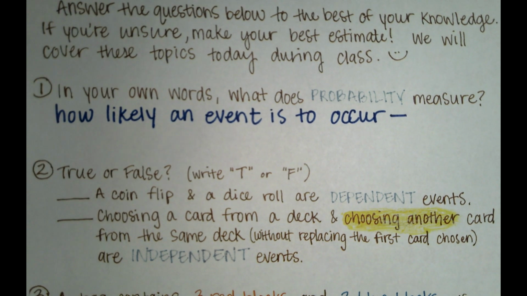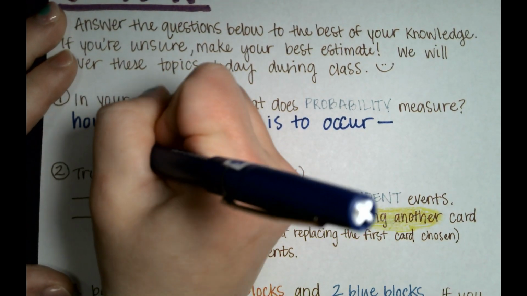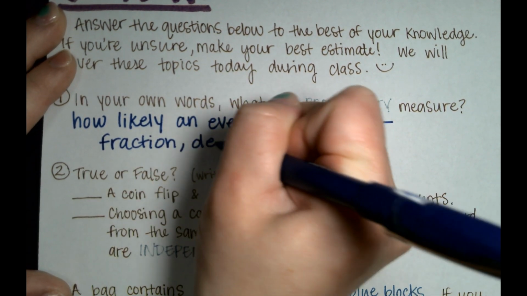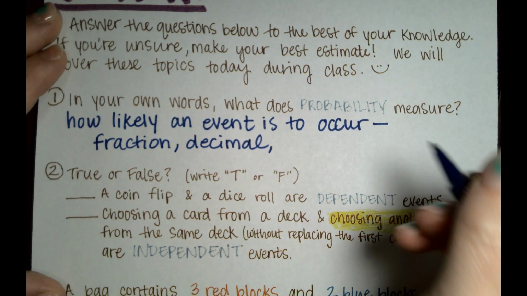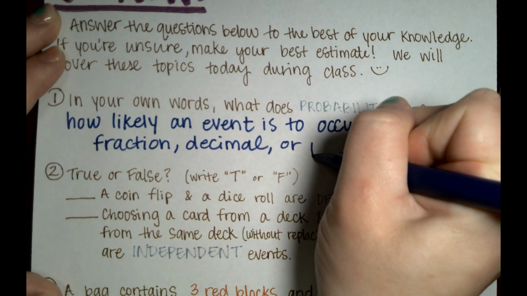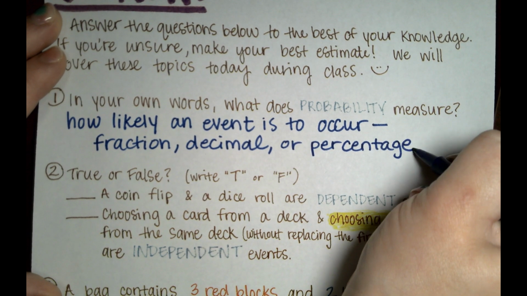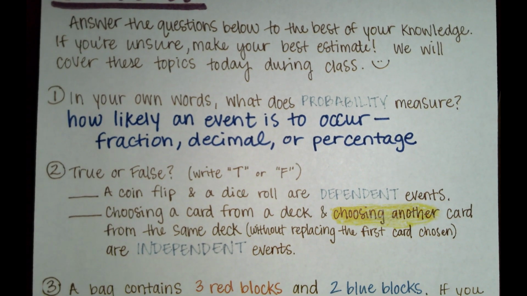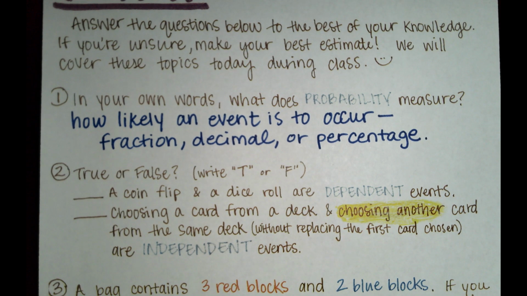Usually we write probability as a fraction, a decimal, and finally a percentage. Okay. So we use probability to help us make an estimation about the chances that something might happen.